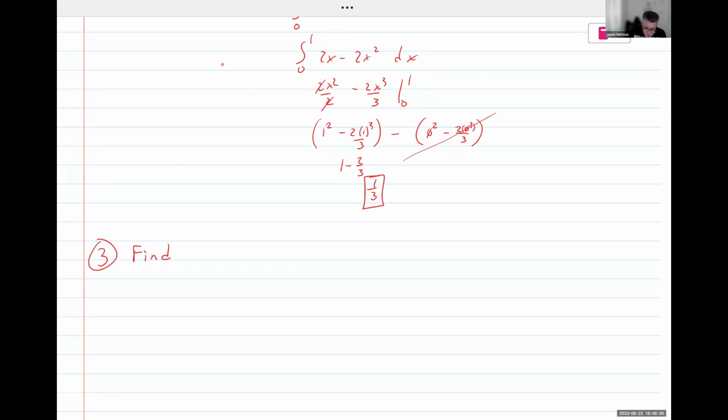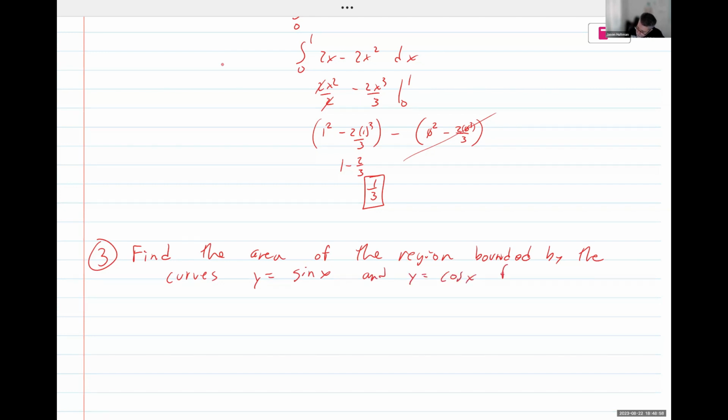Number 3: find the area of the region bounded by the curves y equals sine x and y equals cosine x from 0 to pi over 2.